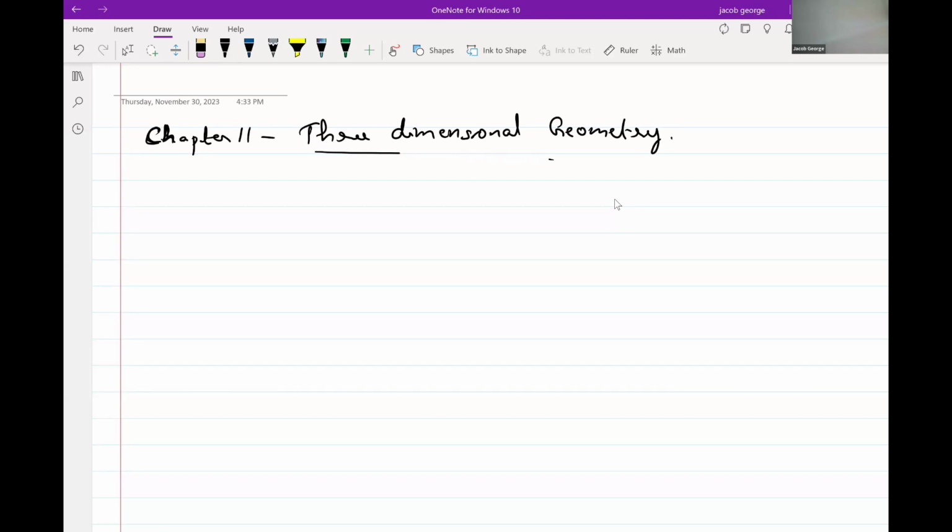The first part of this chapter is questions based on direction cosines and direction ratios. All of you know alpha, beta, gamma, the three direction angles. Cosines of these angles, cos alpha, cos beta, and cos gamma, are called the direction cosines, and the proportional numbers are direction ratios. L, M, N, which are proportional, are called direction ratios.